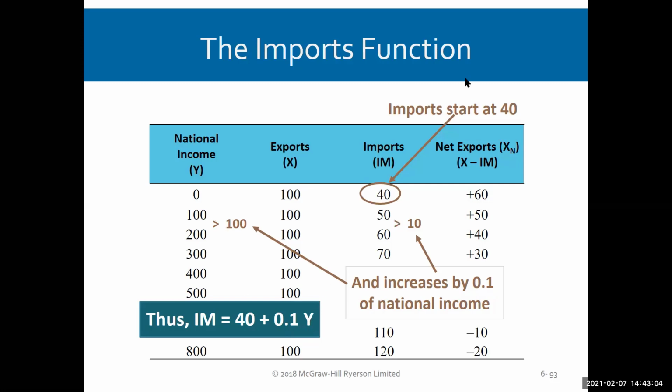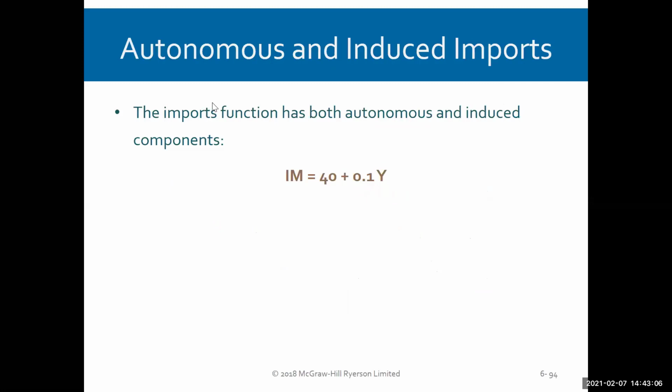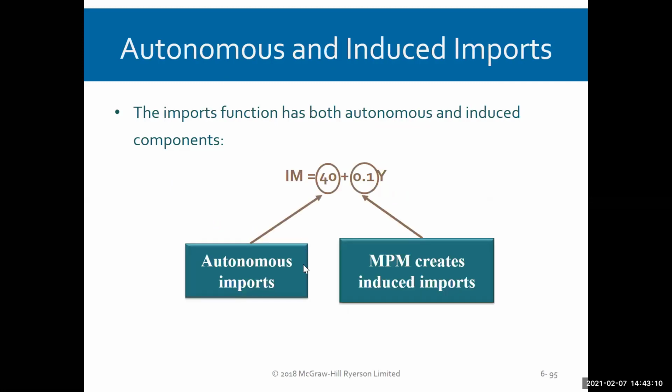Now let's show this just really clearly by itself on the next slide. There's our imports, 40, which is the autonomous component, plus 0.1y, that's the induced component, of which 0.1 is the marginal propensity to import. That creates the induced component. And that was what we showed in the formula when we calculated it a little bit earlier.